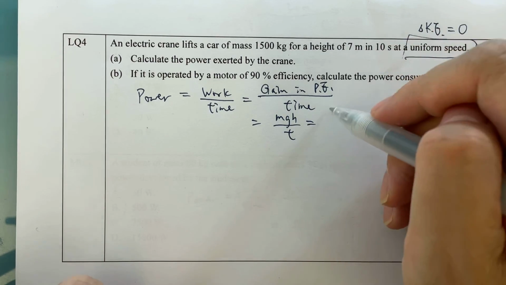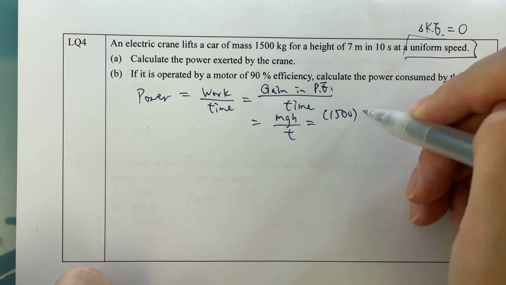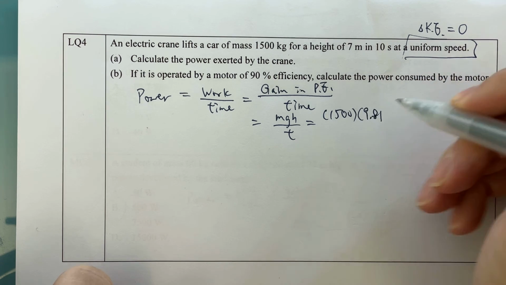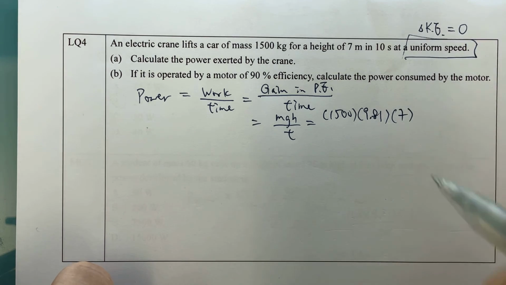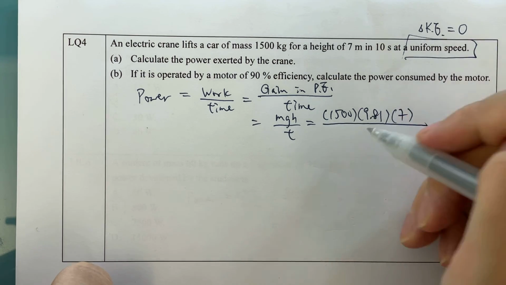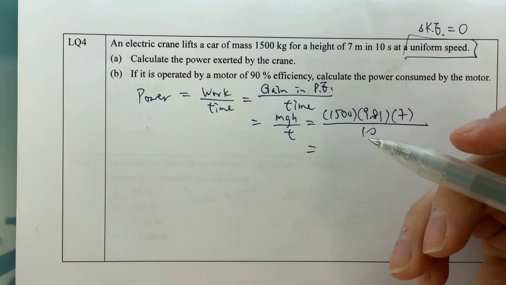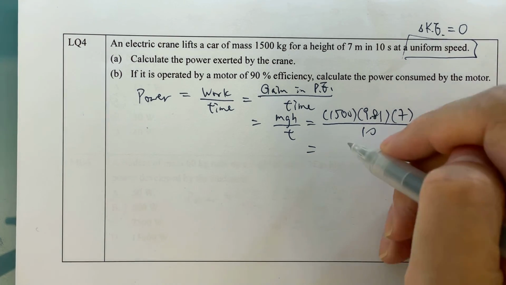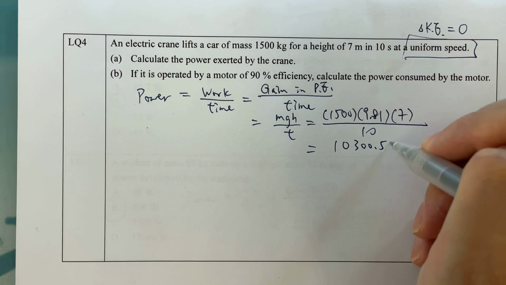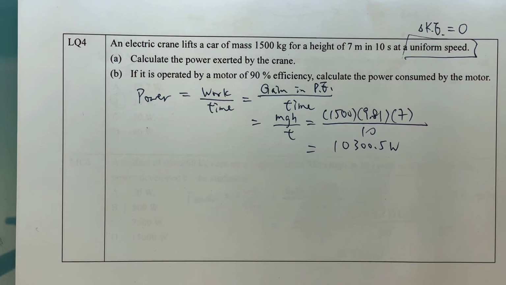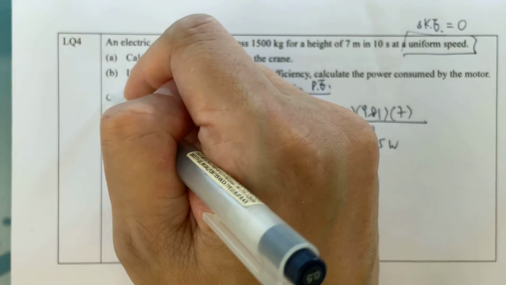According to the question, we have the mass 1500, 9.81 for g, and h is 7 meters, mgh divided by time, which is 10 seconds. So what we have is 10300.5 watts. Okay, that is part A.